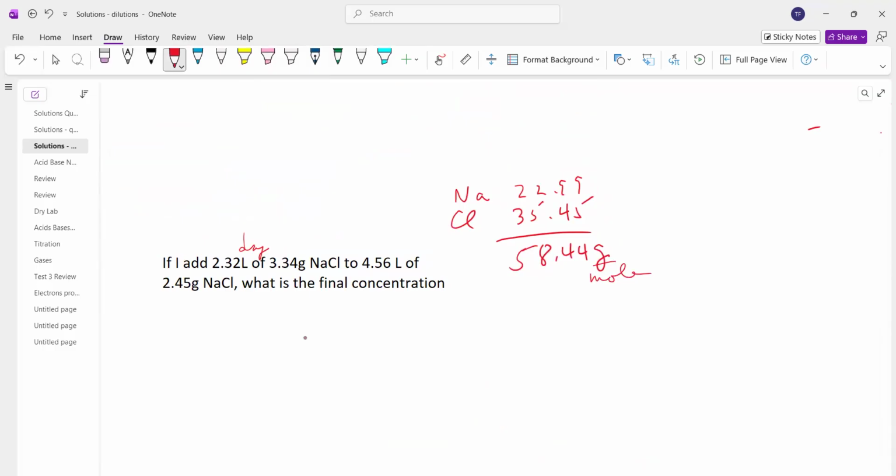Okay, so we need to know the molar mass for sodium chloride, which is 58.44. Where do we find that from? Periodic table. All right. Okay. So we have 334 grams.